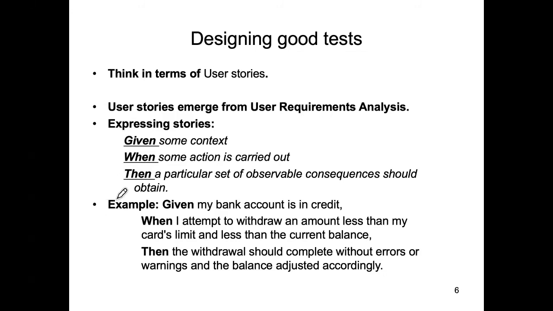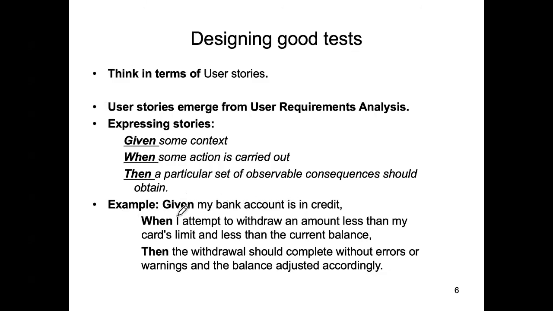Examples always help us, I hope. So here's a very simple example of a user story for, let's say, a banking application. I'll just read it with you, but you can read yourselves. Given my bank account is in credit, so that's the context or the circumstances.